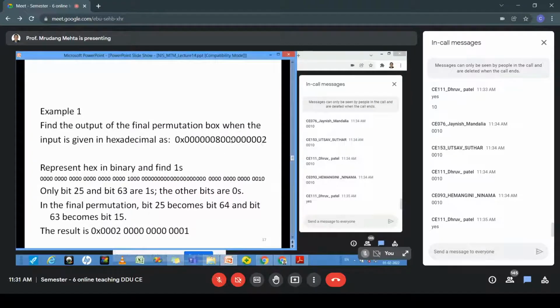And so for the final permutation, bit 25.